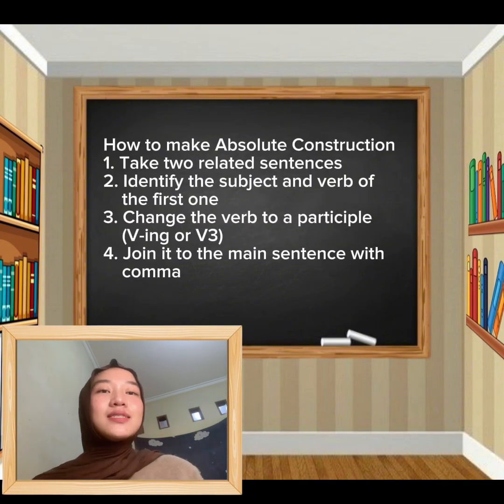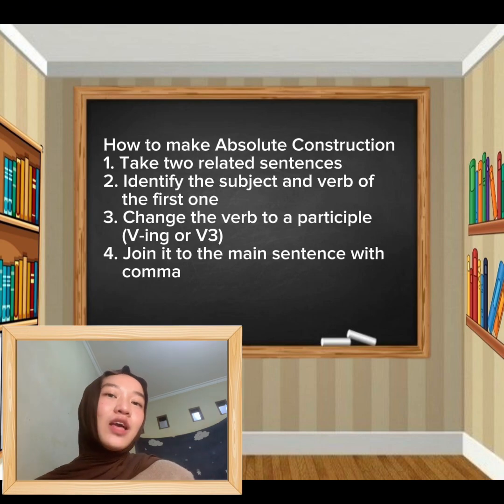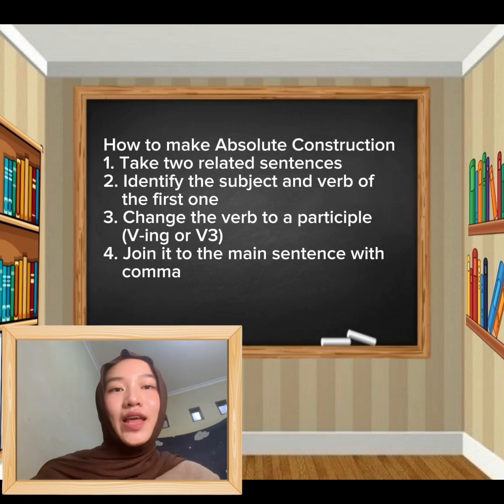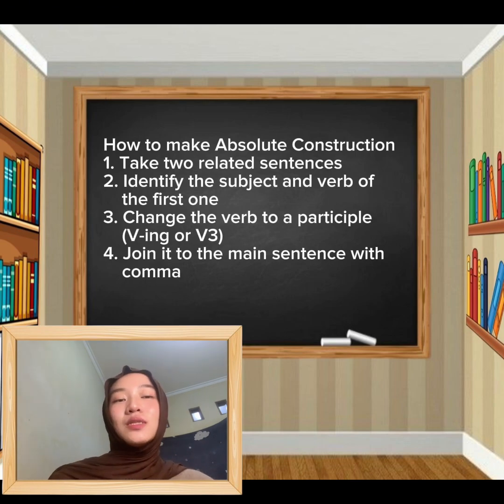And the last is how to make one absolute construction. We can follow this step by step to make an absolute construction. First, take two related sentences. Second, identify the subject and verb of the first one. Third, change the verb to a participle form.